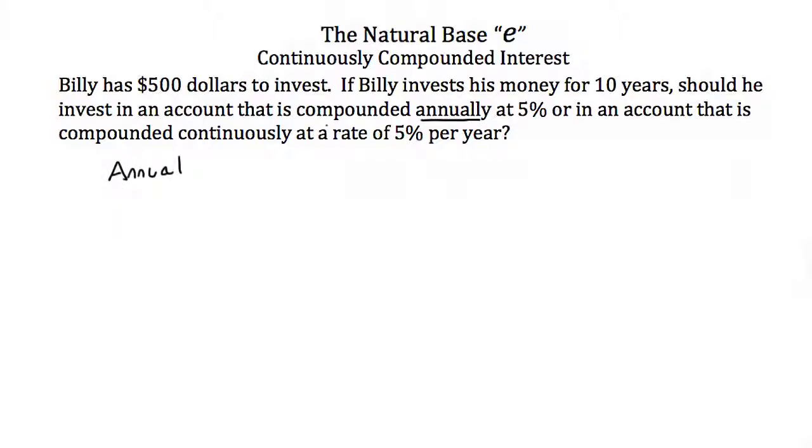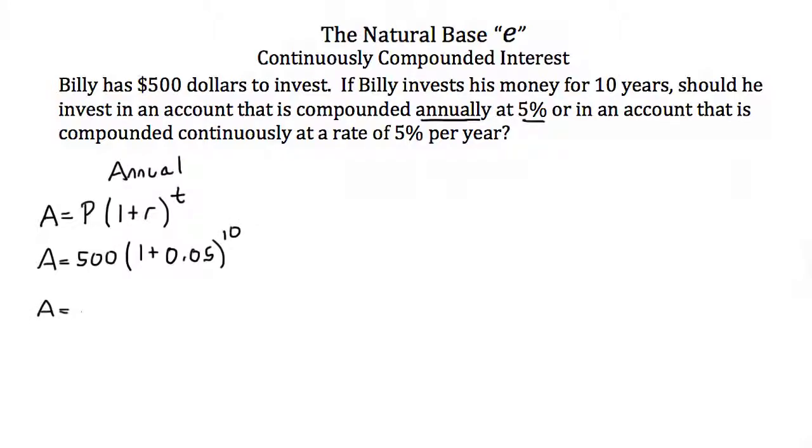For an annually compounded interest rate, we use the standard exponential growth formula. Our amount is equal to our principal, the amount we first invest, times 1 plus our interest rate raised to t. Now the amount we're going to end up with is equal to our principal, which is 500, times 1 plus our interest rate, which is 5%, so 1 plus 0.05, all raised to the t power, or the 10th power.